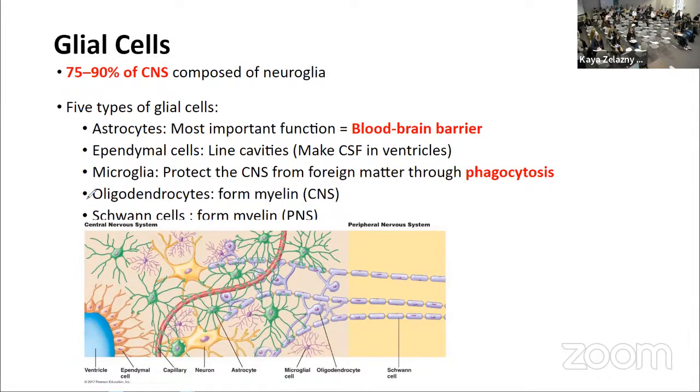And then we have 2 types of cells that make myelin. We have our oligodendrocytes and our Schwann cells. Okay? And their job is to make myelin. So remember, myelin, we talked about when we talked about propagation of the action potential. So when we talked about the axon and how it spreads the charge.